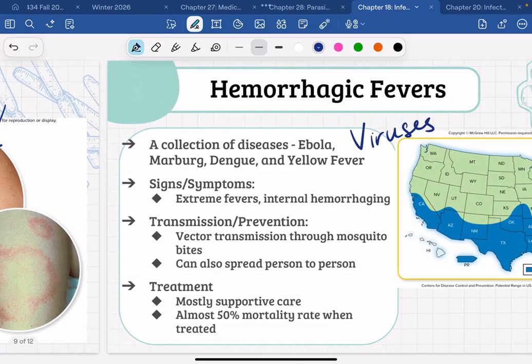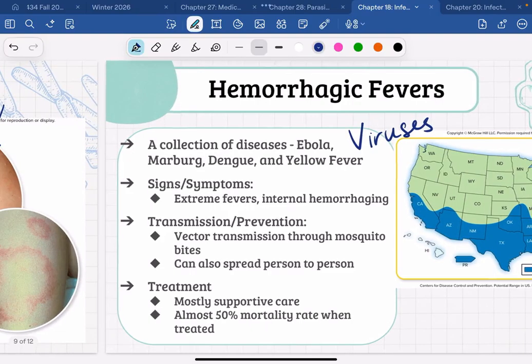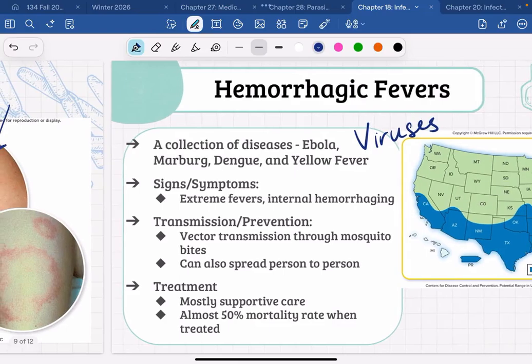They're just bleeding everywhere. And so the people who are taking care of them are very at risk for also getting that virus because they are coming in contact with their blood all the time. Okay? But it's mostly spread through mosquito bites.